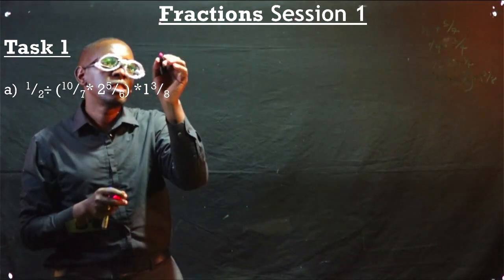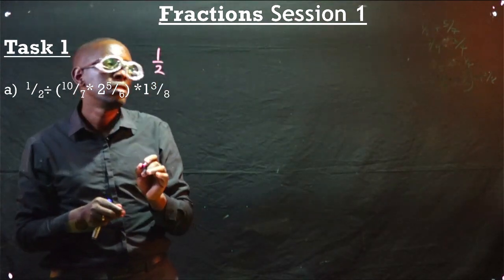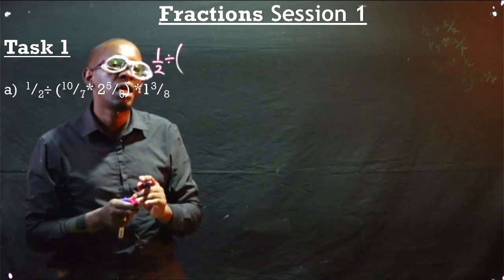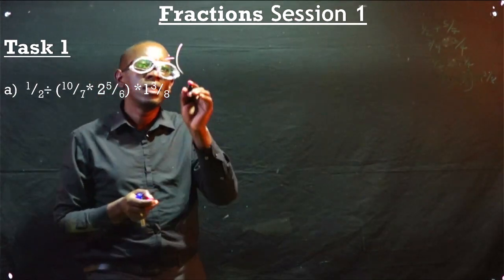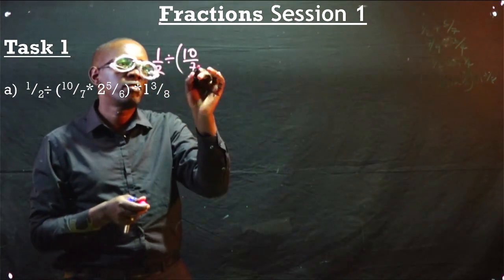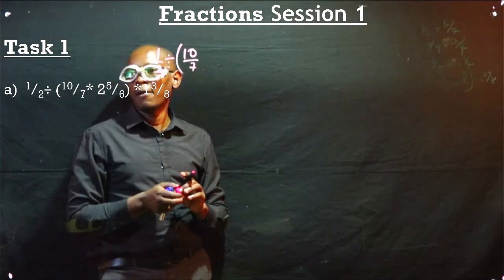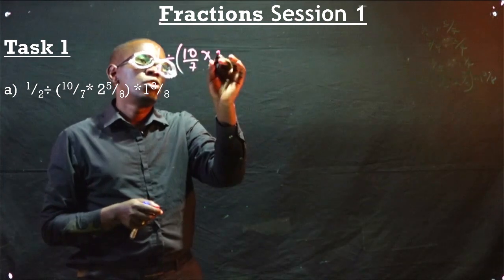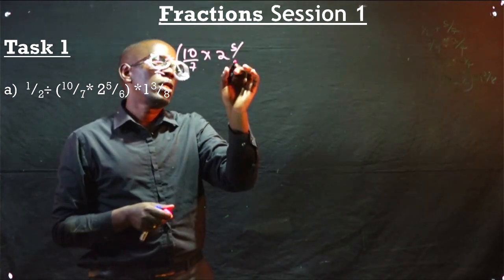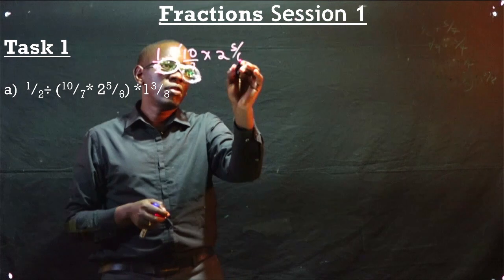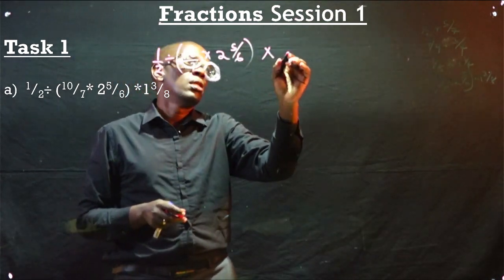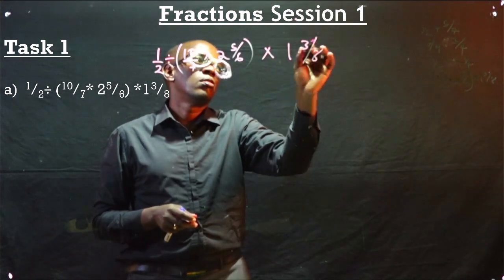So this is a half divided by 10 over 7, and then a half divided by 10 over 7, then times 2 and 5 over 4, then times 1 and 3 over 8.